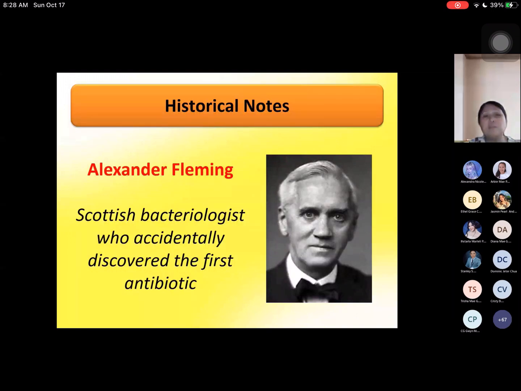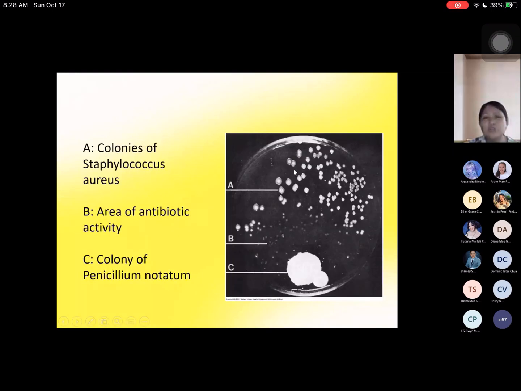In the representation here, A is the colonies of Staphylococcus aureus, accidentally contaminated with a colony of Penicillium notatum, which is a fungus. B here is the area of antibiotic activity, where you can see the zone of inhibition, inhibiting the growth of the colonies of Staphylococcus aureus.